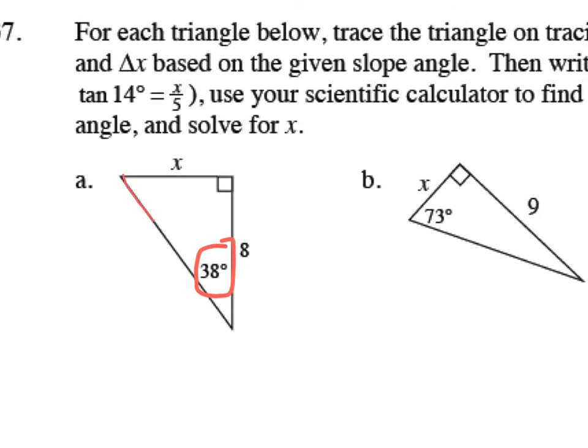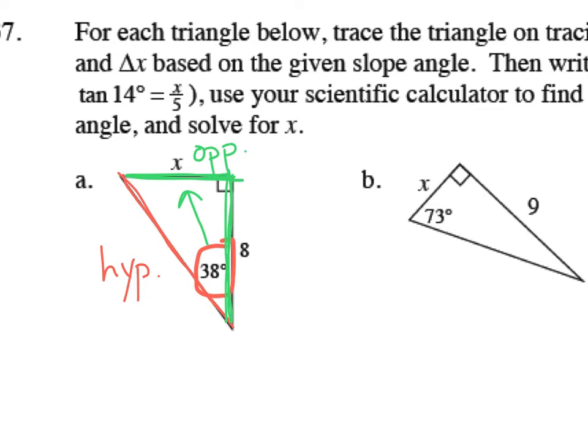The side length across from the right angle is always called the hypotenuse. Okay, so our issues now involve using the other two side lengths, which should be this tall one and this short one, so the ones that are not across from the right angle. The one that is across from the 38 degrees is always referred to as the opposite side.